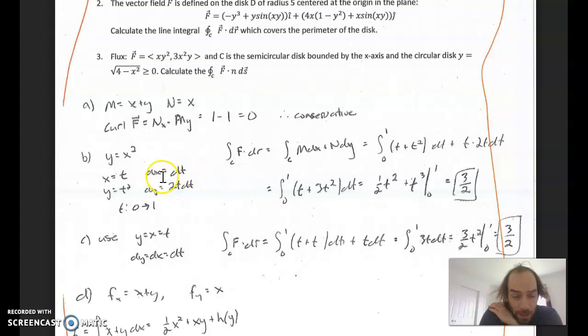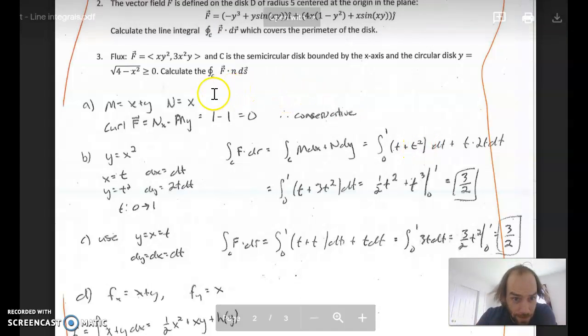I calculate my dx. Dx and dt are going to be the same thing. I calculate my dy. That is 2t, that's the power rule on this, but then times a dt. And then I do the integral. I take all those guys, and I'm going to do the integral of M dx plus N dy.